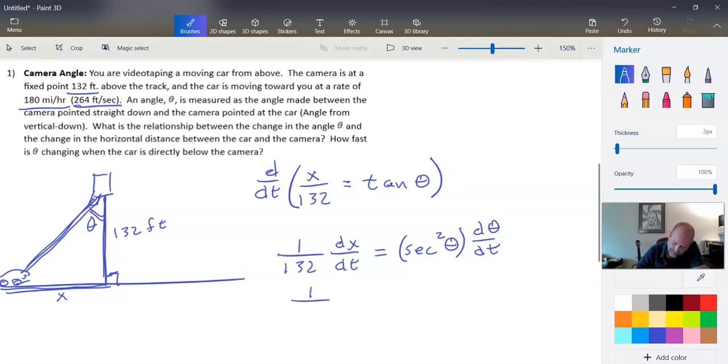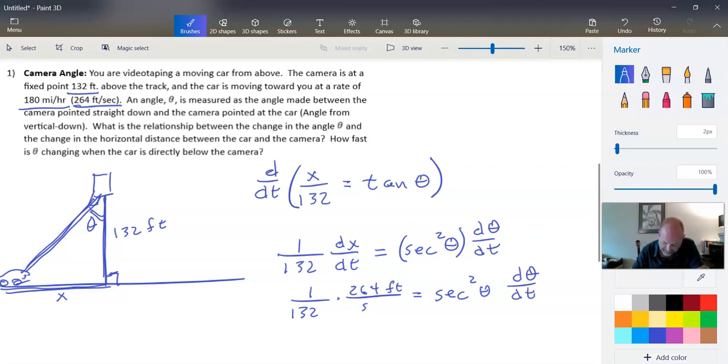So this is now 1 over 132 times 264 feet per second, and that'll be equal to secant squared theta times d theta/dt.